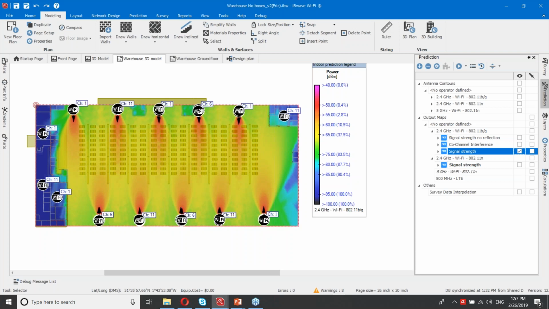CW can be done, but CW at 2.4 gigahertz, I don't think you can really buy a transmitter at 2.4. It's an unlicensed band, and I'm kind of puzzled as to how you can do that survey using CW at 2.4. I personally could not find any CW transmitter.